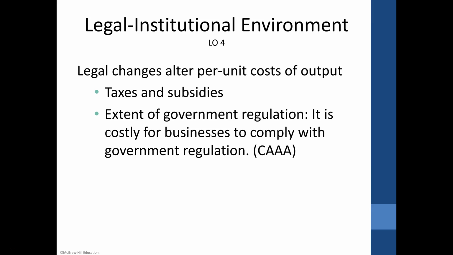For example, the Clean Air Act amendment was established to reduce sulfur dioxide emission because sulfur dioxide is a precursor to acid rain. Acid rain is really bad to our health, to construction, to all types of things. And coal-fired power plants burn coal to generate heat, and sulfur is naturally contained in coal.